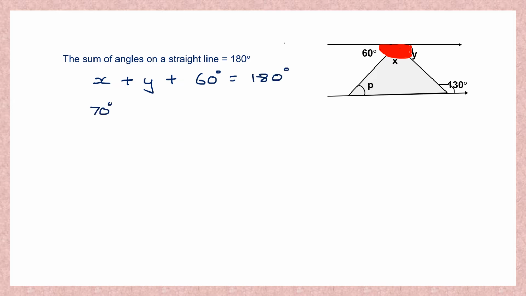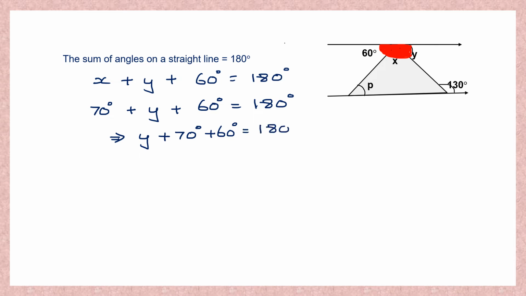X is 70 degrees. Y we are going to find out now. So Y plus 70 degrees plus 60 degrees equals 180. So that means Y plus, how much is 70 plus 60?